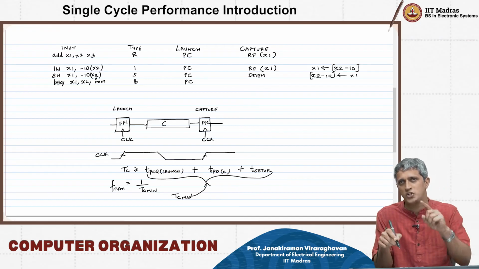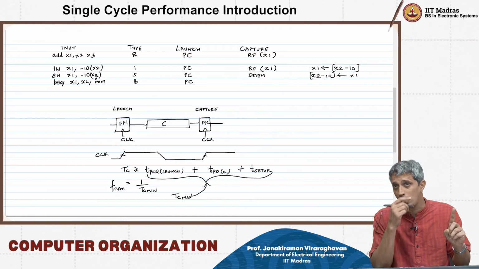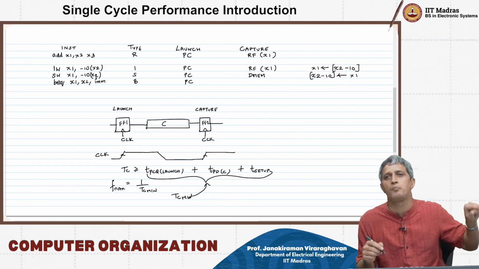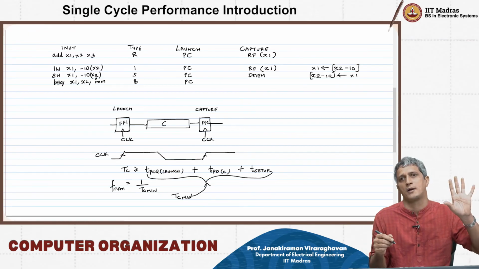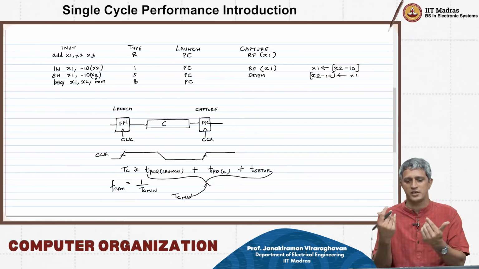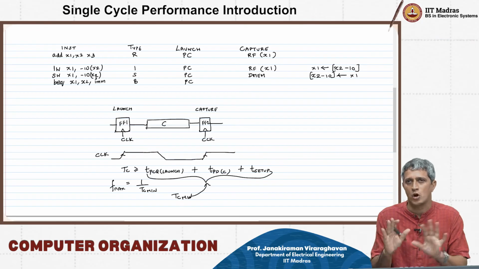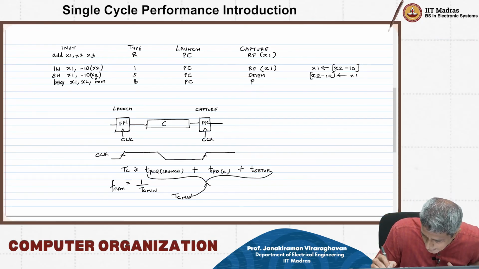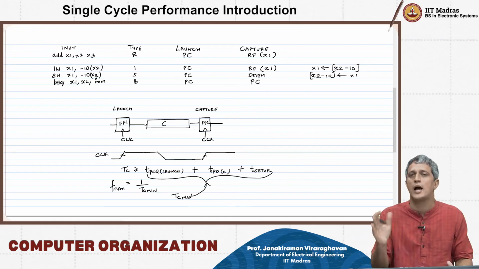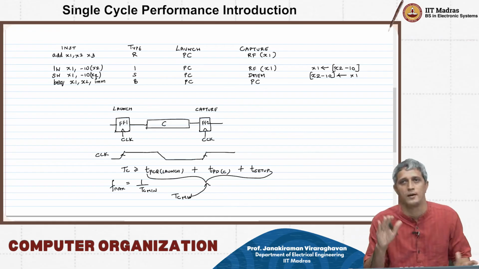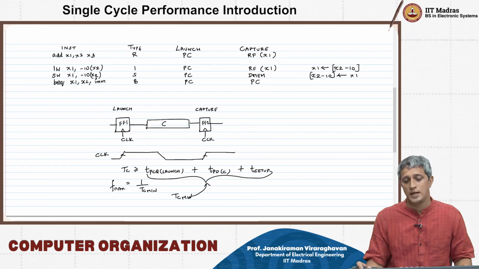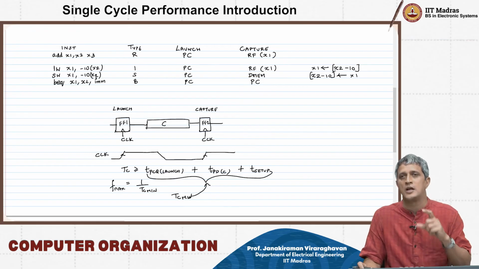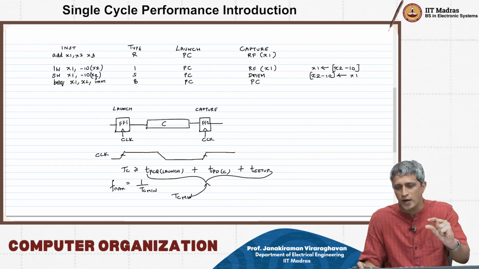You are trying to launch it from the program counter, but eventually you are still only updating the program counter back. You are only reading these registers x1 and x2. You are not doing any writing back into the register, and therefore here the capture flop also happens to be the program counter.